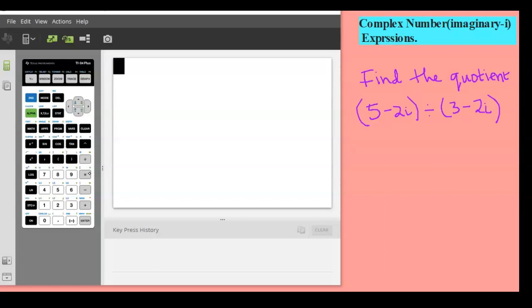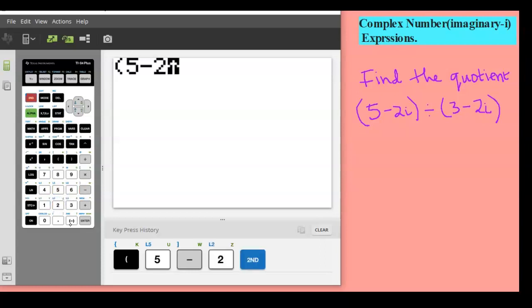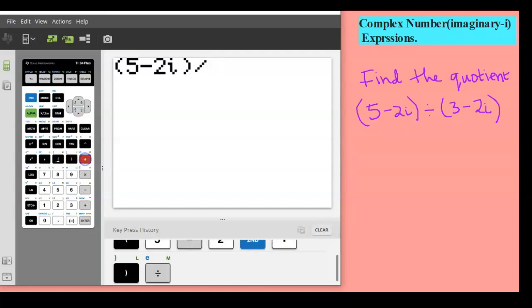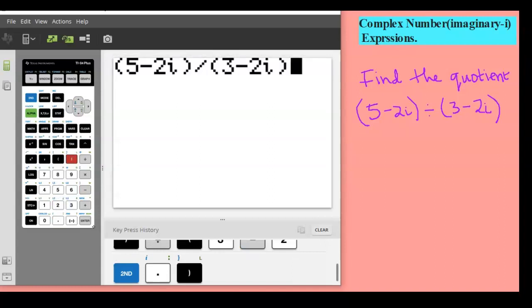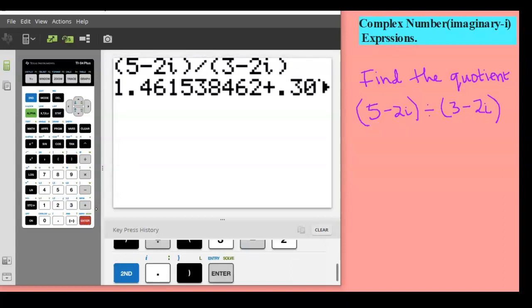So let's grab our calculator, go to the parentheses, and type 5 minus 2i, close it, divide, bring your parentheses, and then 3 minus 2i, close it, and then you enter.